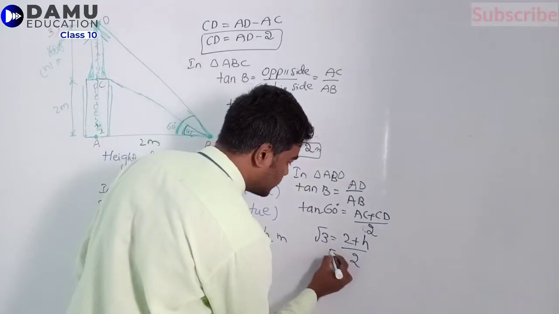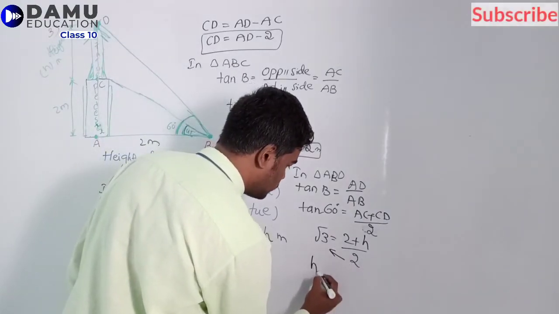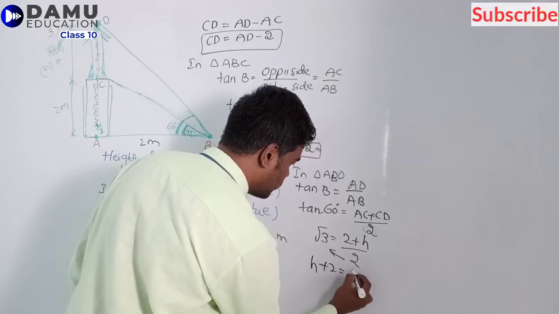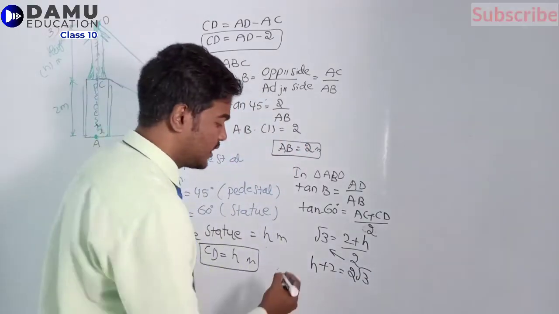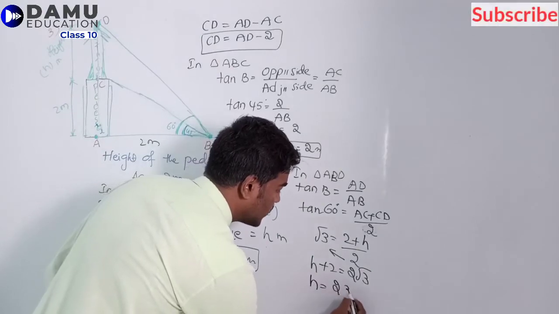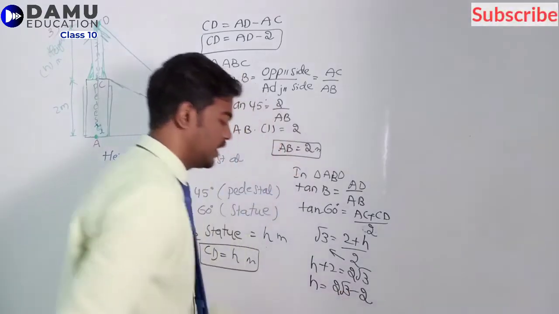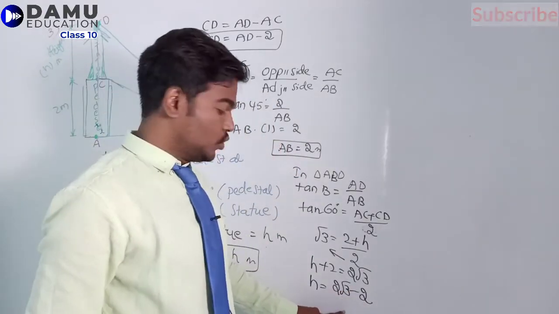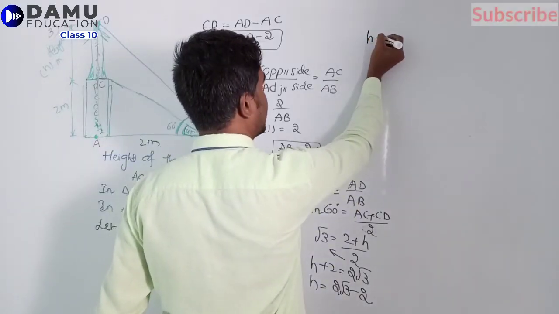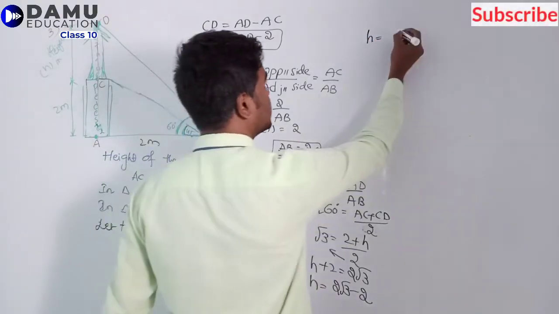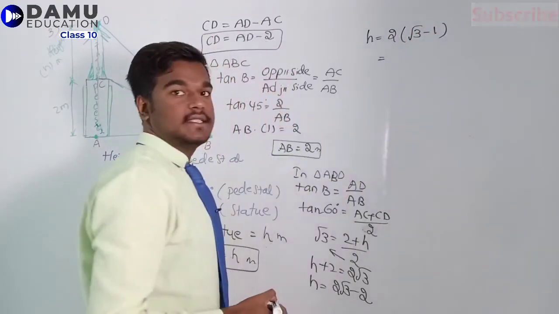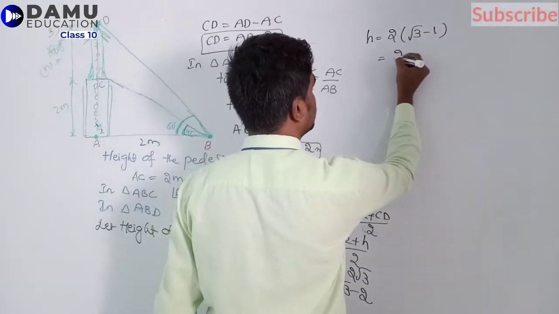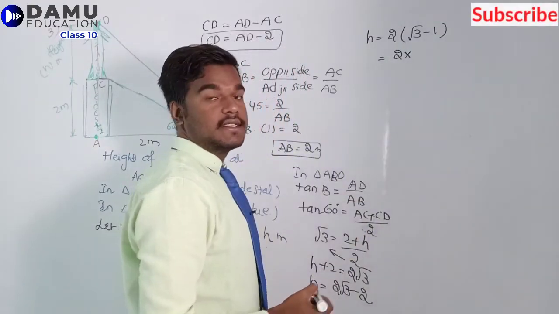So taking it to this side, h plus 2 will be equal to 2 root 3. Then h will be equal to 2 root 3 minus 2. H will be the height. 2 is common, so 2 into root 3 minus 1. What value can we take? Root 3 is 1.732.